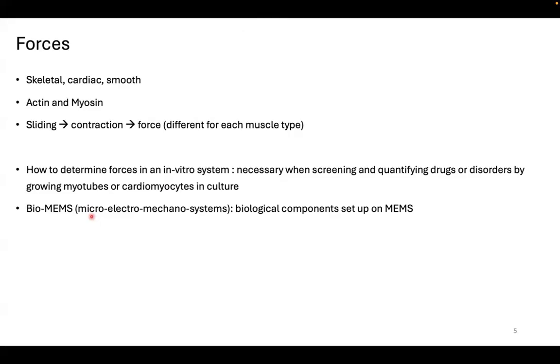Micro is because you are dealing with a micrometer scale, and the system is used to check what is happening electrically and what is happening mechanically, whether you want to change some mechanics or electrical things, or record them. The main setup has some biological components for which you want to study their electronics and mechanics.